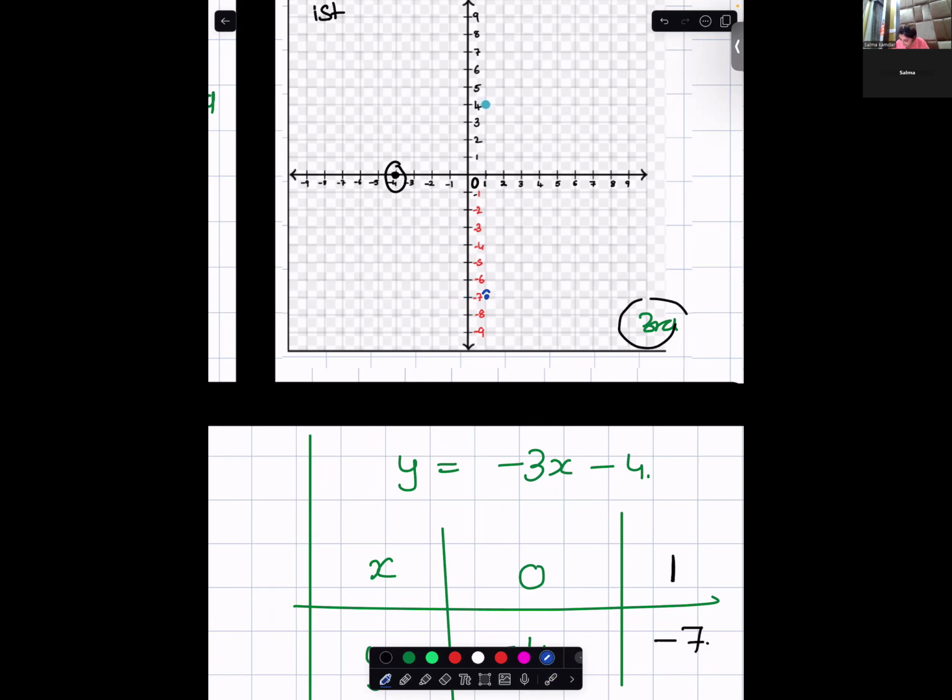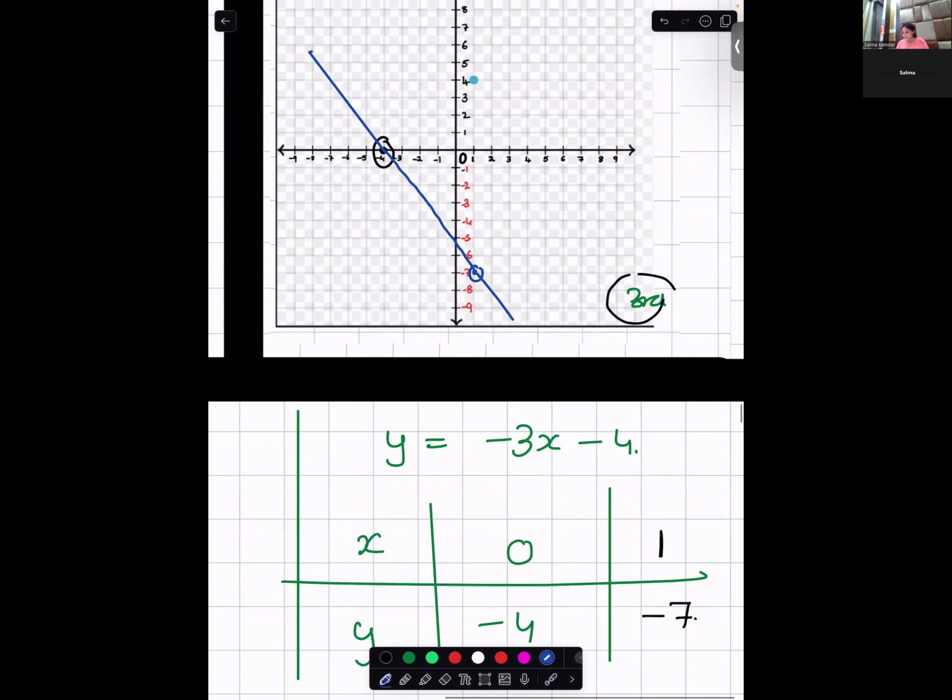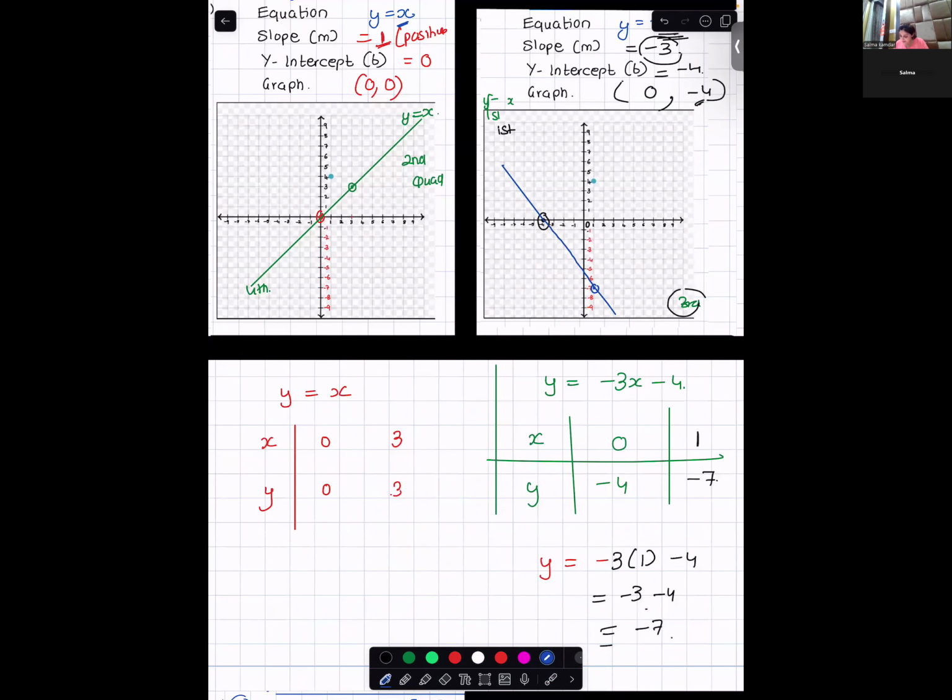Since it has a negative slope, it will be a diagonal line that will be covering the second and the fourth quadrant. So the equation of this line is y is equal to minus 3x minus 4.